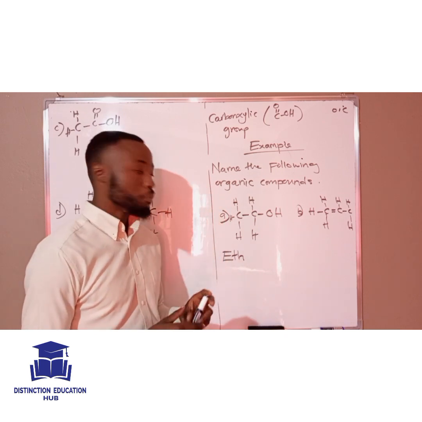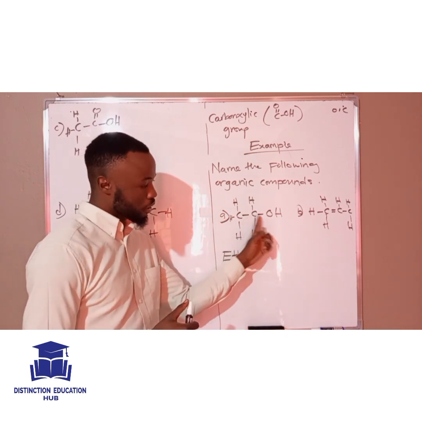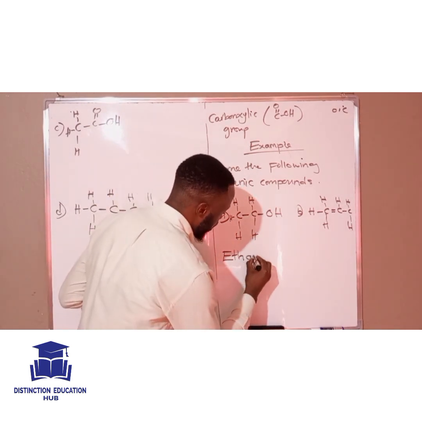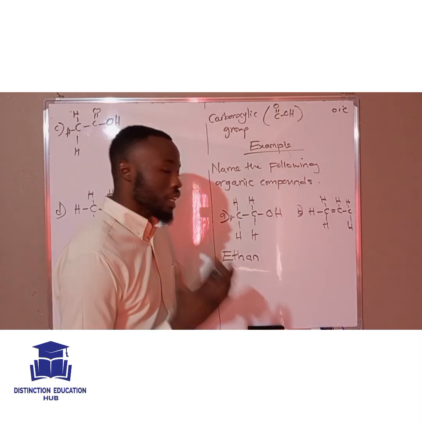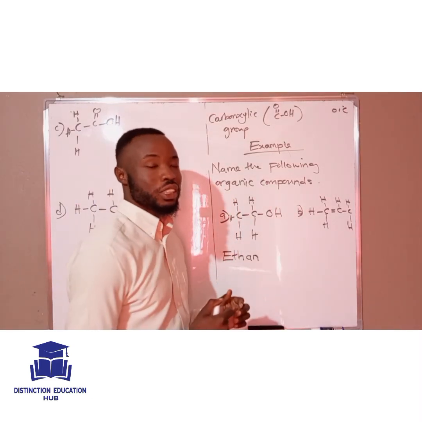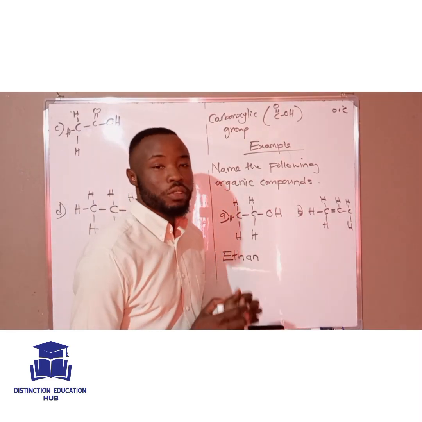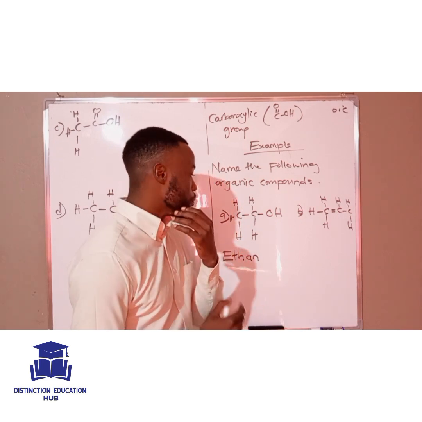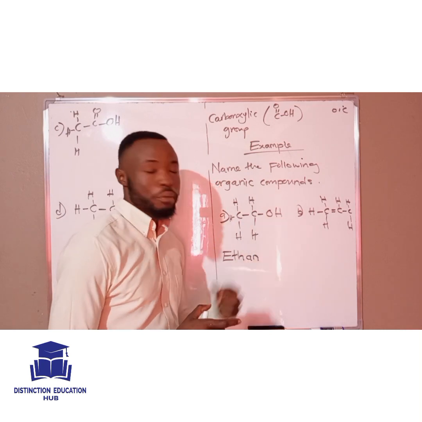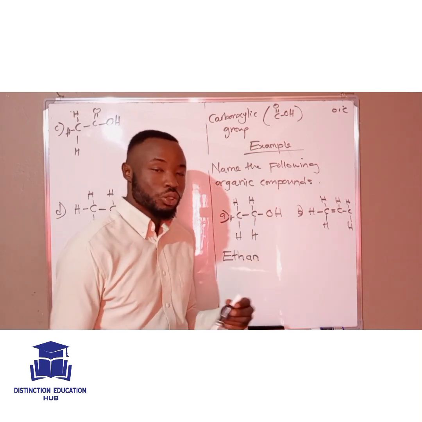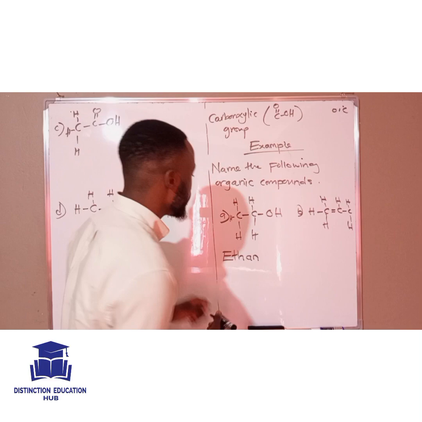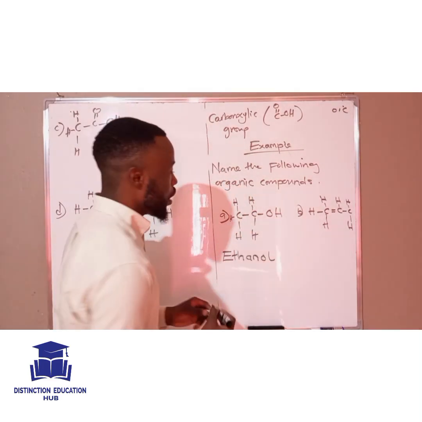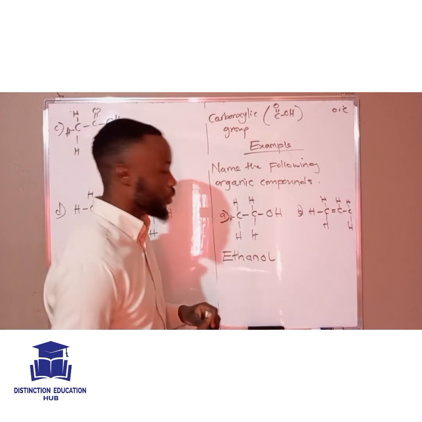The type of bond present. This is a single bond, my friends, so this is AN. Then the last part of the name, you consider the type of attachment present. It's a hydroxyl group, so you put OL. So that compound is ethanol.